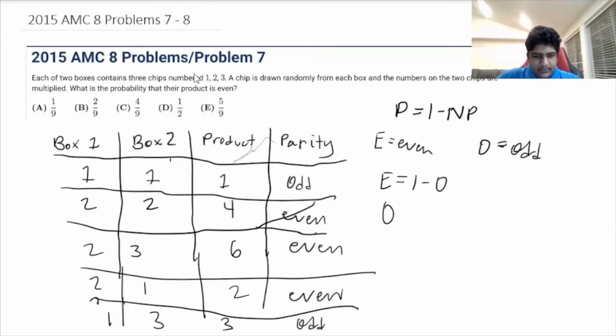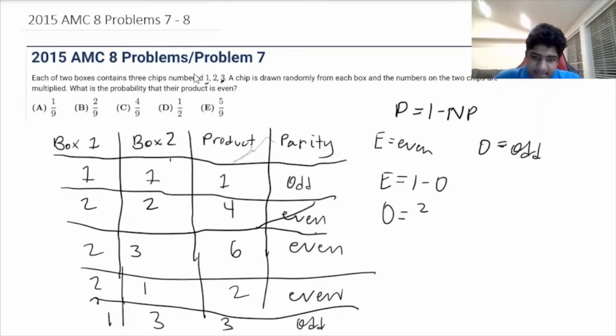Now what is O? In order to find O, we can use the multiplication rule. We know that we have 2 boxes, and in each box we need to choose a chip that is not 2. So in box number 1, we can choose 2 out of 3 numbers. We have 1 and 3, which are both odd, and then there's 3 total numbers.